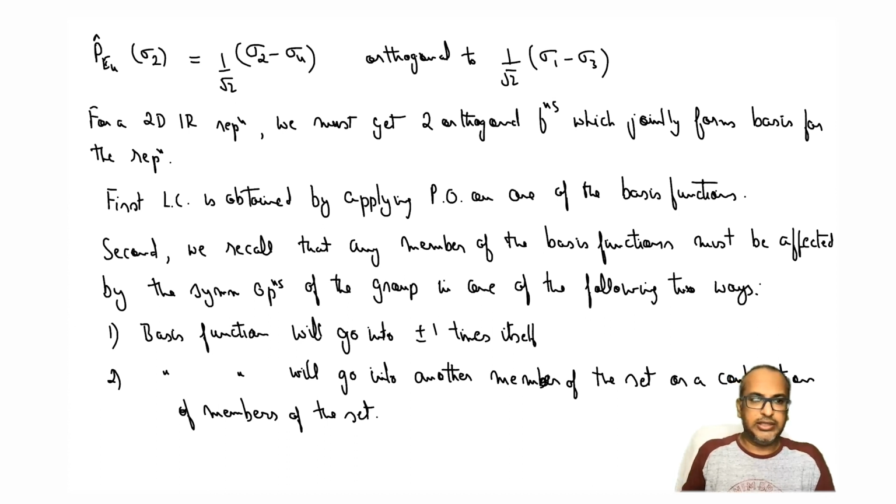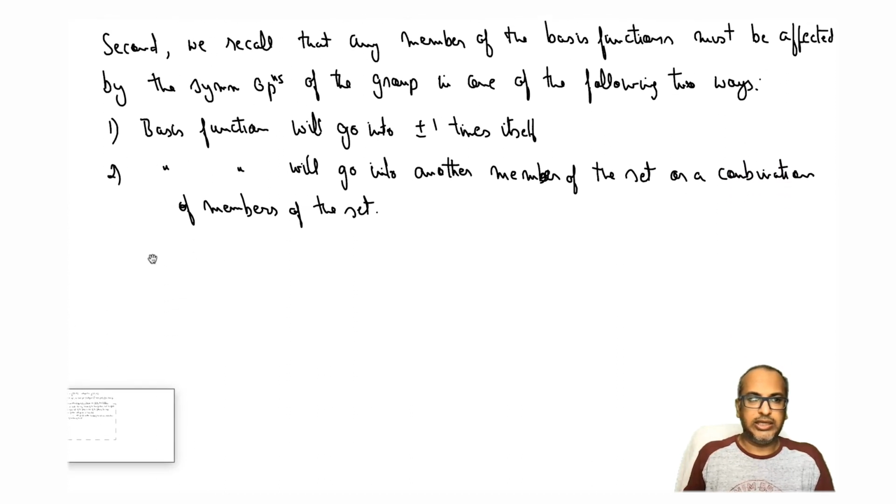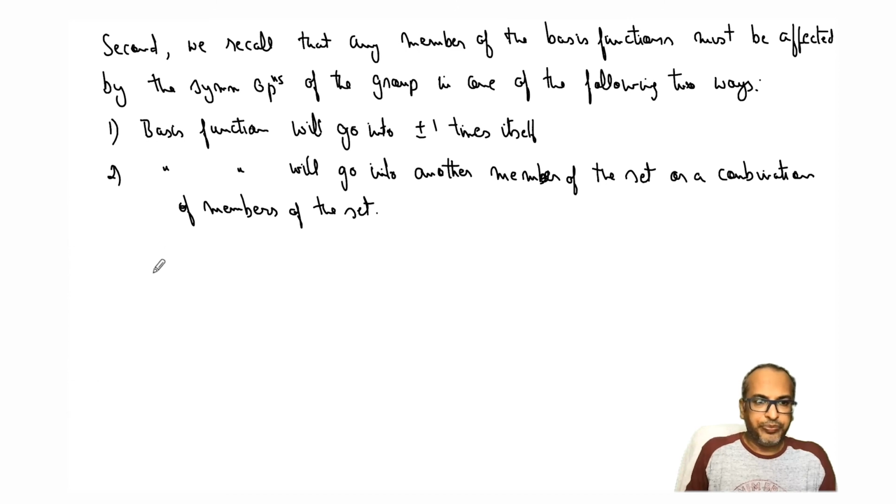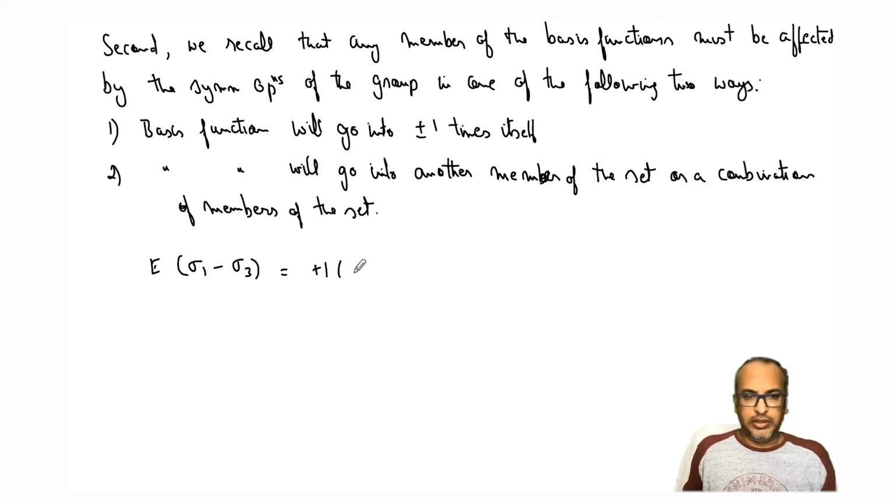So let us see an example for this one. Let's see, if I'm applying E onto sigma 1 minus sigma 3, it gives me plus 1 times sigma 1 minus sigma 3, right?